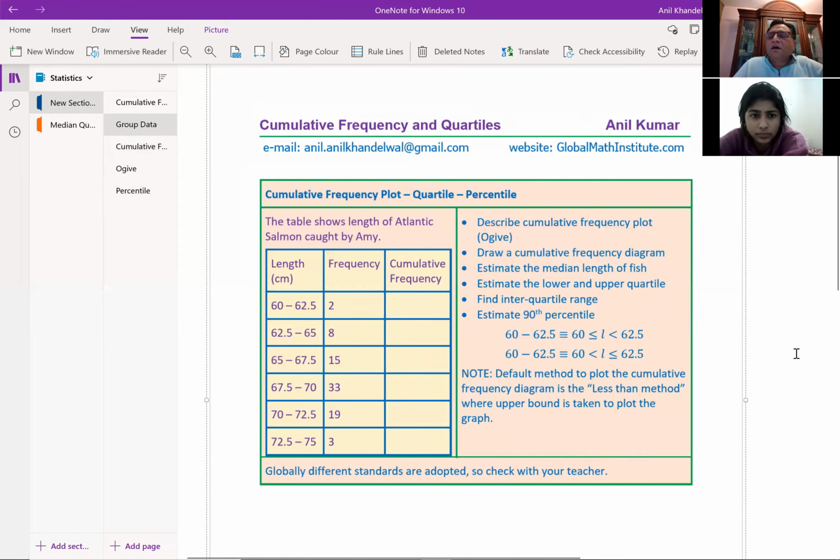Continuous means, if you measure the height of students in a class, the height could be 170, 171, 172, 173 centimeters, 172.5. There are a lot of values which are considered continuous. Now, if I give you that kind of data to work with, how do we find medians and quartiles? That is what we need to understand.